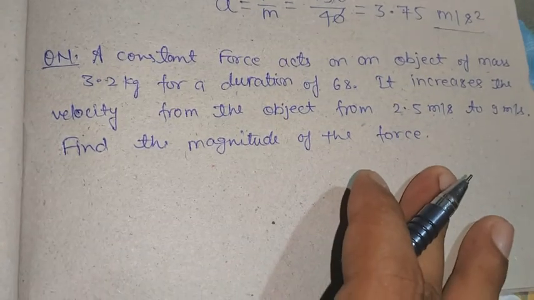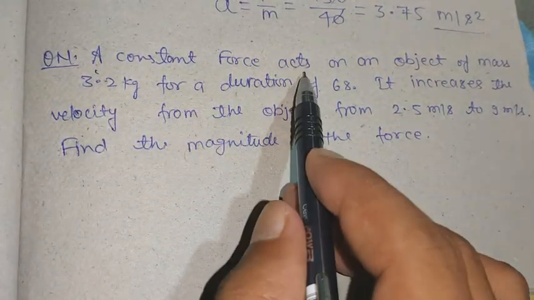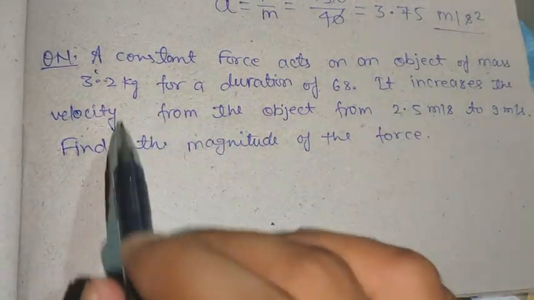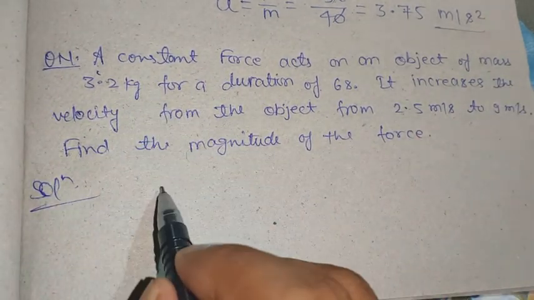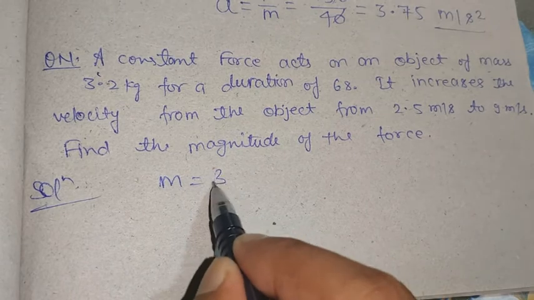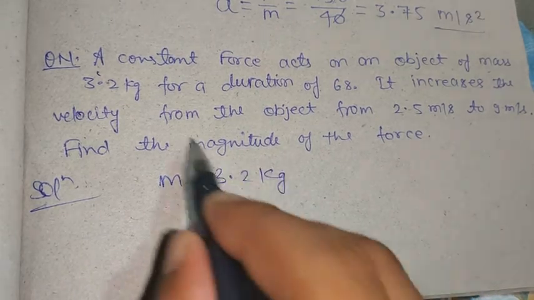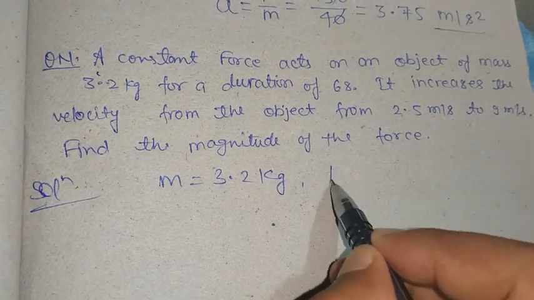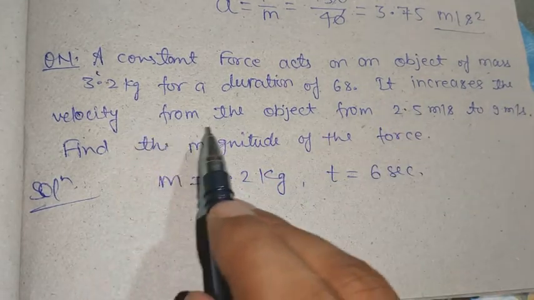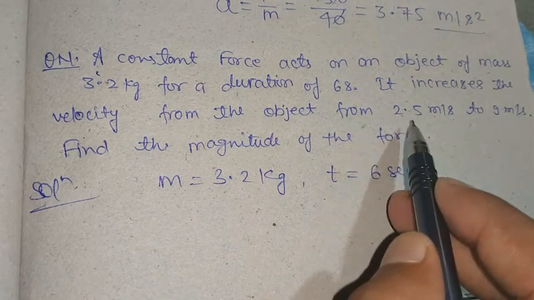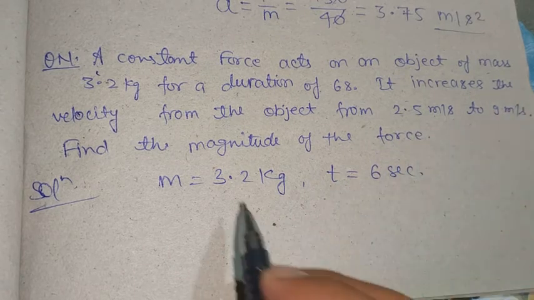Now the last question is, a constant force acts on an object of mass 3.2 kg for a duration of 6 seconds. So time is 6 seconds. It increases the velocity of the object from 2.5 meter per second to 9 meter per second.